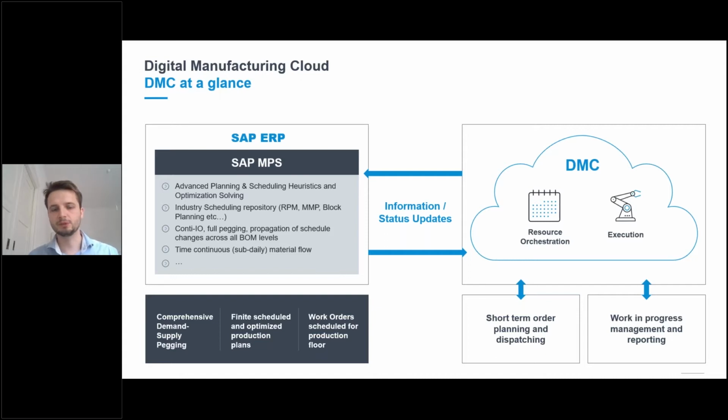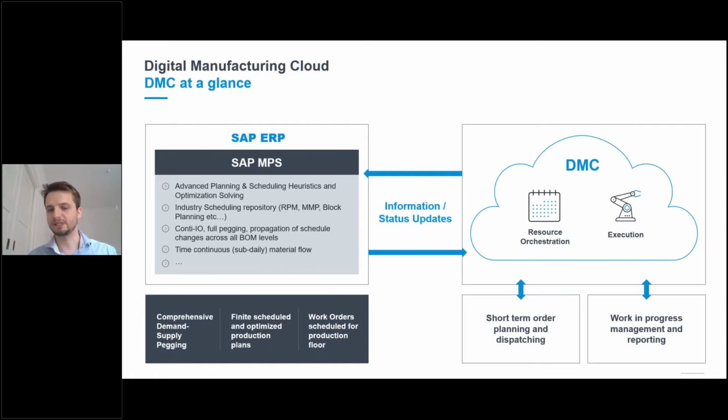On the bottom left side, you can see the desired outcomes you want to have of such a planning cycle. So we basically should have a scheduled and optimized production plan where the different work orders and operations are scheduled for the manufacturing floor. These are then released and sent to the MES, or Manufacturing Execution System, which is in this case the DMC.